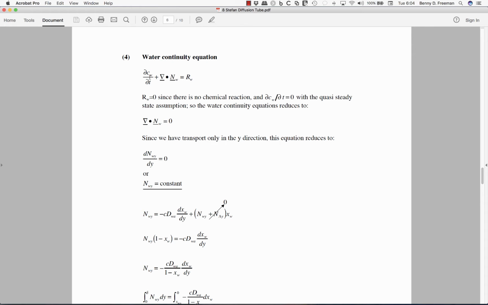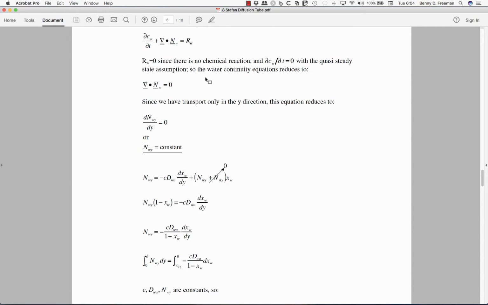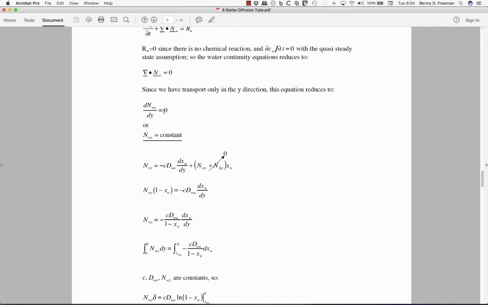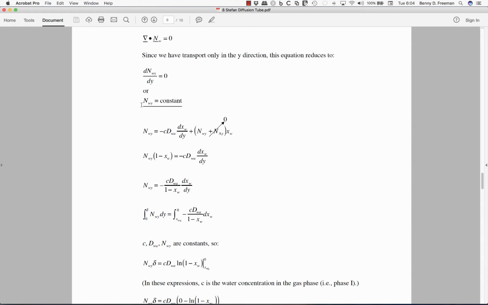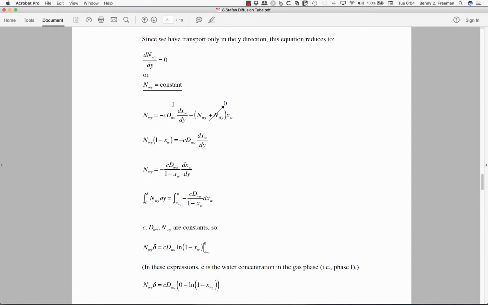And so the time derivative goes away, and in that limit we get that the divergence of the flux of the water is equal to 0. Since we have one-dimensional diffusion, that result simplifies to the result shown here, and this further implies that the flux of water in the y direction is equal to a constant.